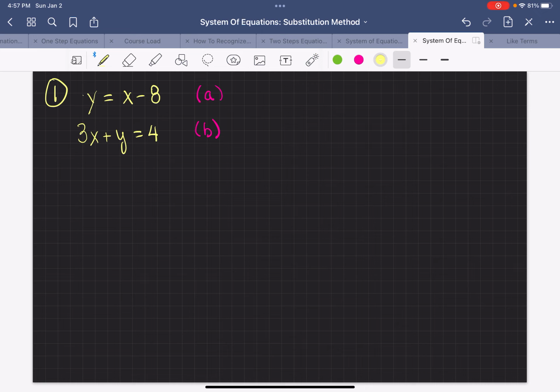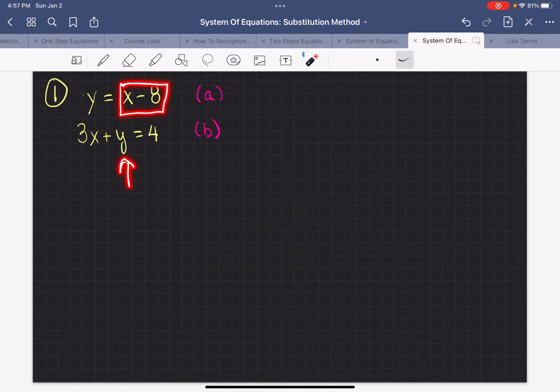Okay, since in equation A, y is already isolated, what we're going to do is plug in what y is equal to. y is equal to x minus 8. We're going to plug in this x minus 8 in our second equation where the y is here.